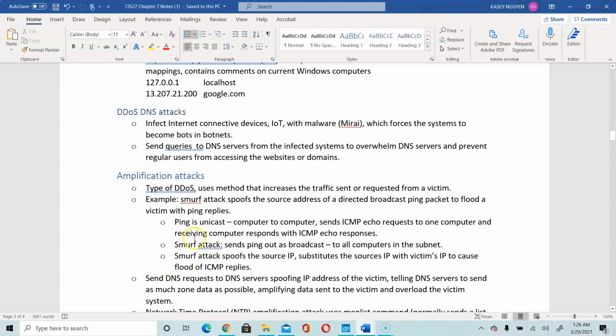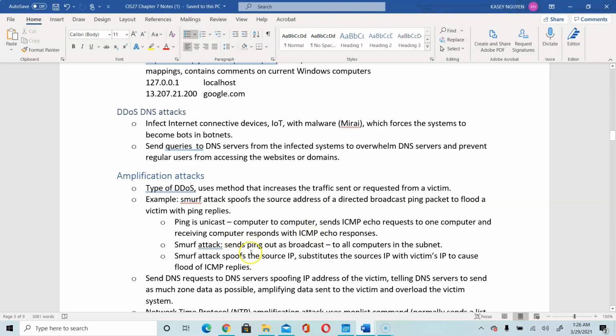In a Smurf attack, the attacker would send the ping out as a broadcast. It would send it to all the computers on that subnetwork or that network segment. And in the case they spoof the source IP, they would substitute the source IP with the victim's IP address to cause the flood of ICMP replies.